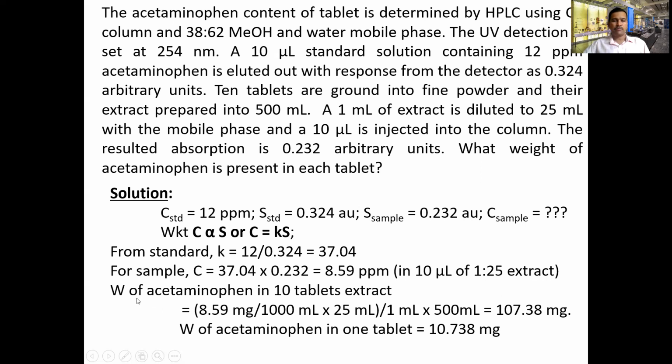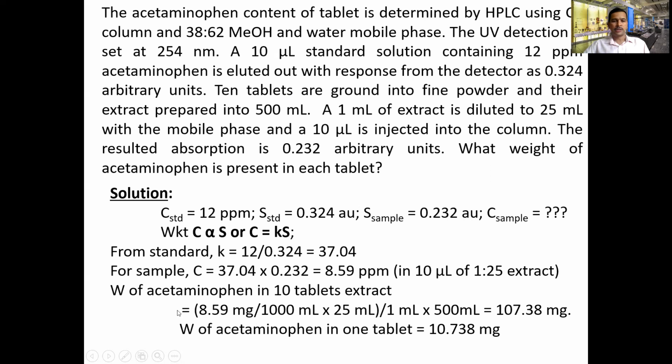You have to calculate the weight of acetaminophen in the 10 tablets extract, because 10 tablets were ground and the sample solution was prepared. 1 ml of it was taken and diluted to 25 ml, out of which 10 microliter was injected. What was the total volume of tablet extract prepared? 500 ml. This 500 ml was having 10 tablets.